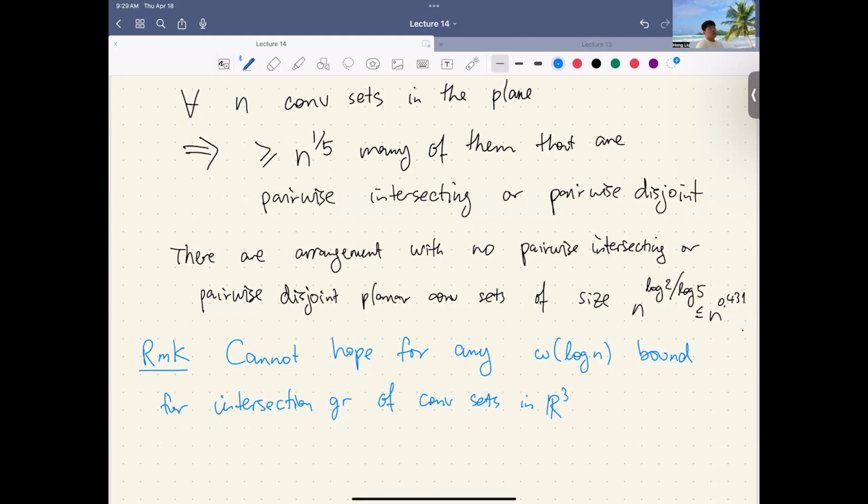This is because there's a known result saying that all graphs can be realized as intersection graphs in R3. So in particular, you just take those random graphs that are really badly behaved in terms of Ramsey. They have logarithmic-size homogeneous sets, and you realize them as intersection graphs of convex bodies in R3.